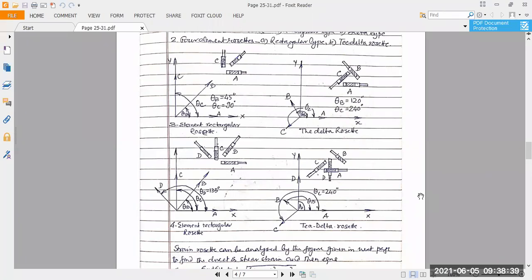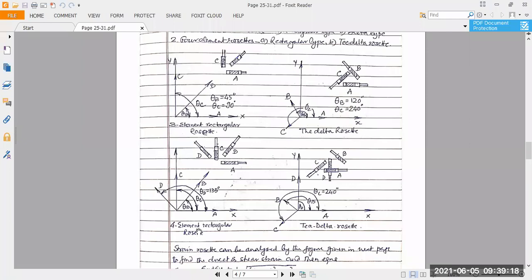Next comes the four element rectangular rosette. What is this? Earlier we had three gauges, 1, 2, 3. Here we have four gauges. How are we placing them? First, gauge A is put in the direction OA. Gauge B is put in the direction OB, which is at theta B, and gauge C is put along the vertical line OY or OC, and for gauge D, the internal angle is given by theta D, which is equal to 135 degree.